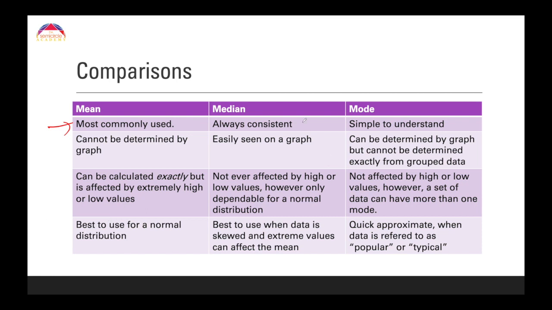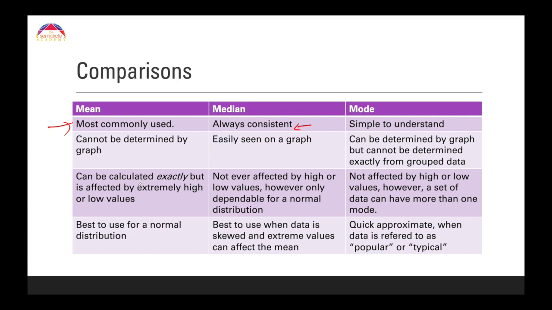The median is something that's always consistent, so it'll always give you that middle mark. If you're looking for something that is in the middle, the median is the way to go. And of course, the mode is very simple to understand. Now, you can just read through this. It's not like you have to memorize it or anything, but understanding is the most important thing here.